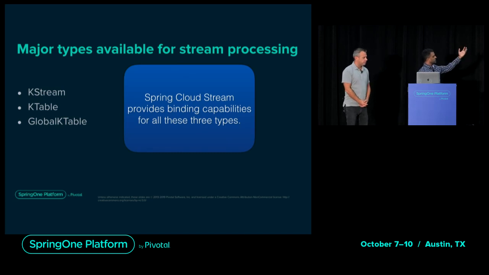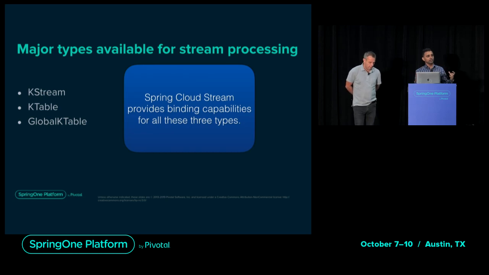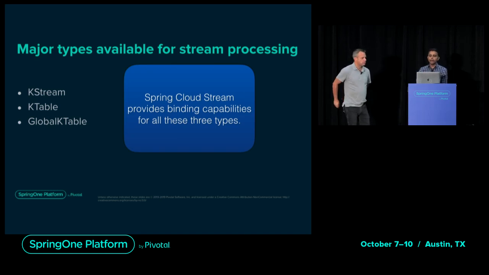That is KStream, and another major type is KTable. KTable is where you get the same data, but behind the scenes you can think of it as a database table. You only get the latest update of a particular key. In that regard, you can do joins and lookups and things like that. In the case of Kafka, you can run multiple instances of a consumer.